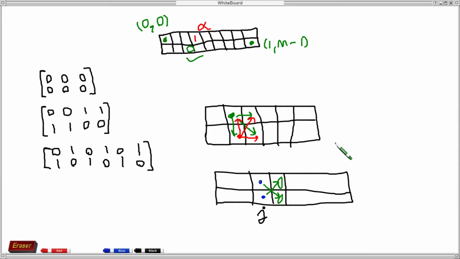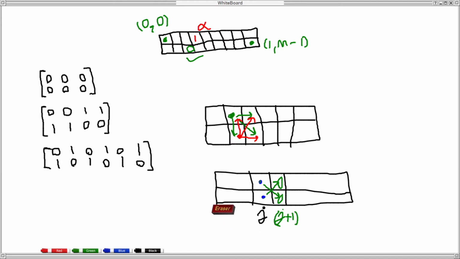So we can notice that if any of the values of the j plus 1th column is 0, then we can move to the j plus 1th column from the jth column.